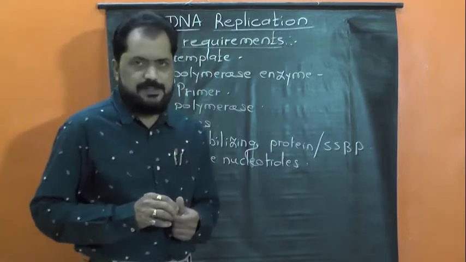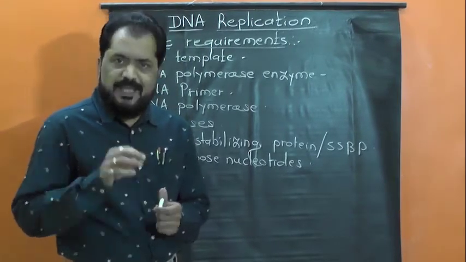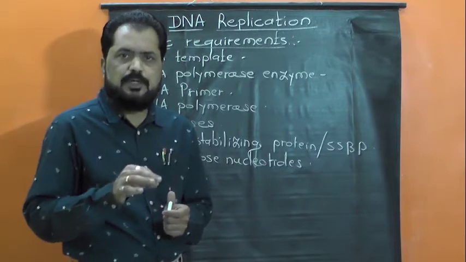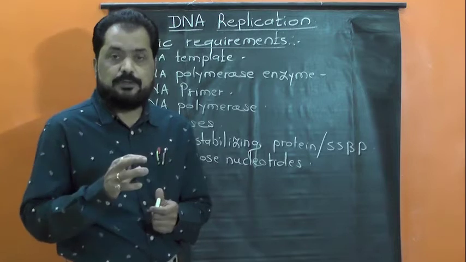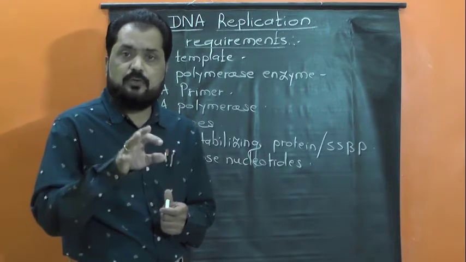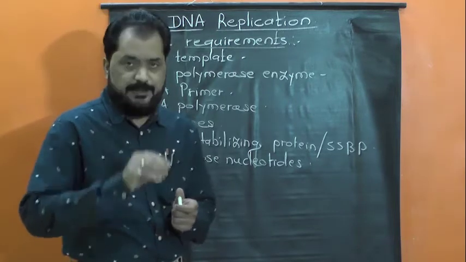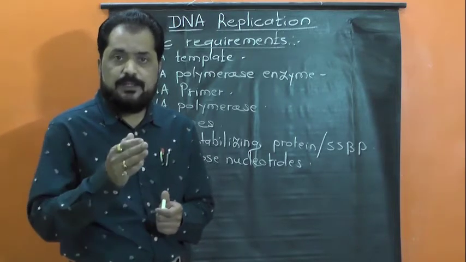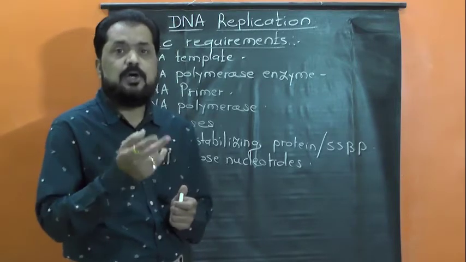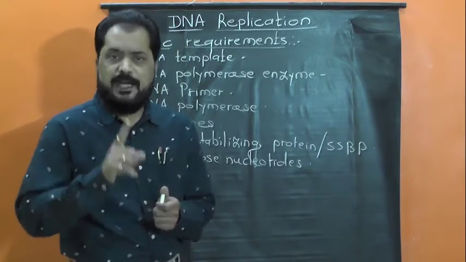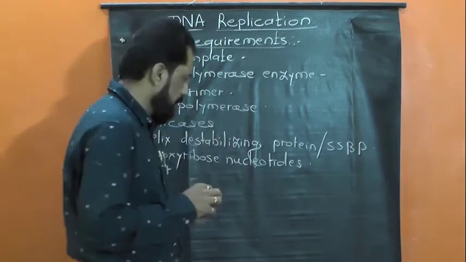It is the method in which each of the daughter DNA molecules produced shows one old strand, that is one strand of parent, that is old strand or parental strand, and one new strand. Let me explain you.